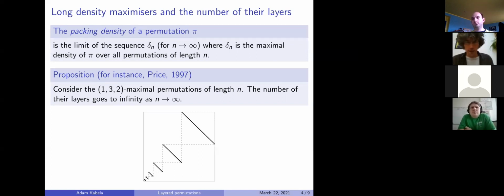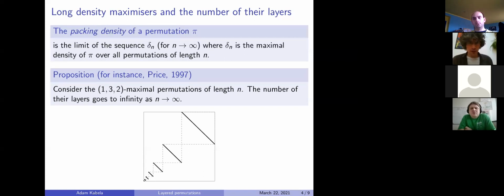It's known, and it's been shown by different authors independently, that the number of layers of the maximizers of this pattern goes to infinity as the length of the maximizer grows.